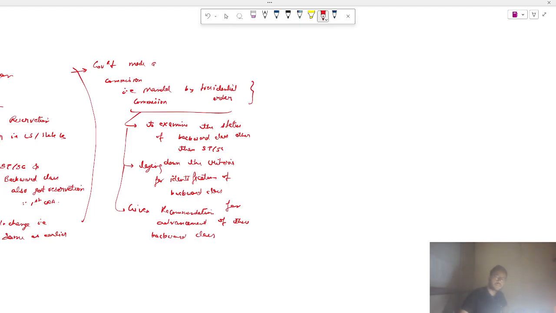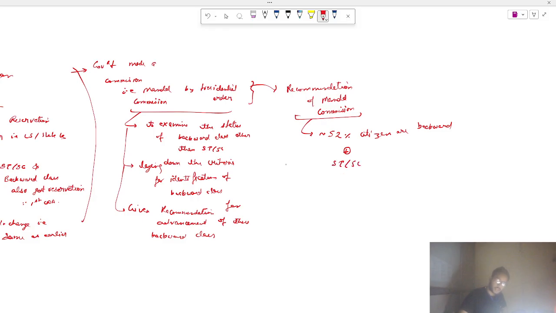So what are the recommendations? Recommendation of Mandal Commission. Basically, the Mandal Commission says that approximately 52% of citizens are backward, plus ST and SC communities are 22%, and therefore the backward class is 52% of India.